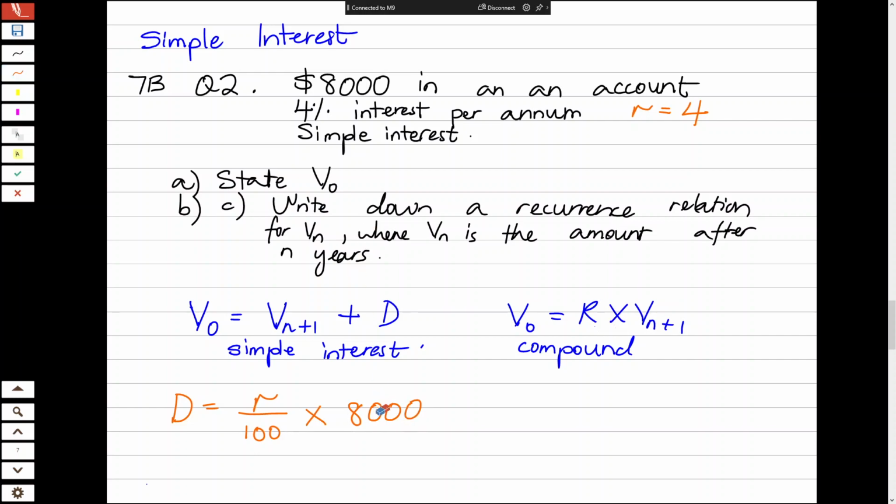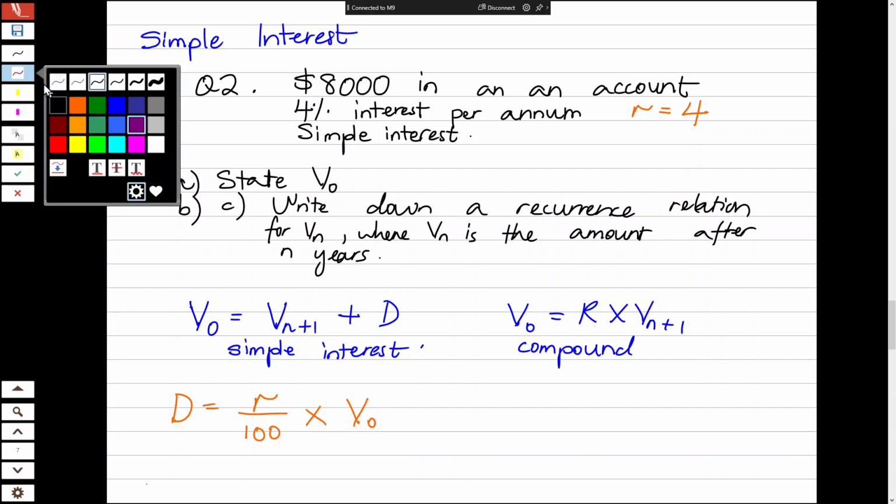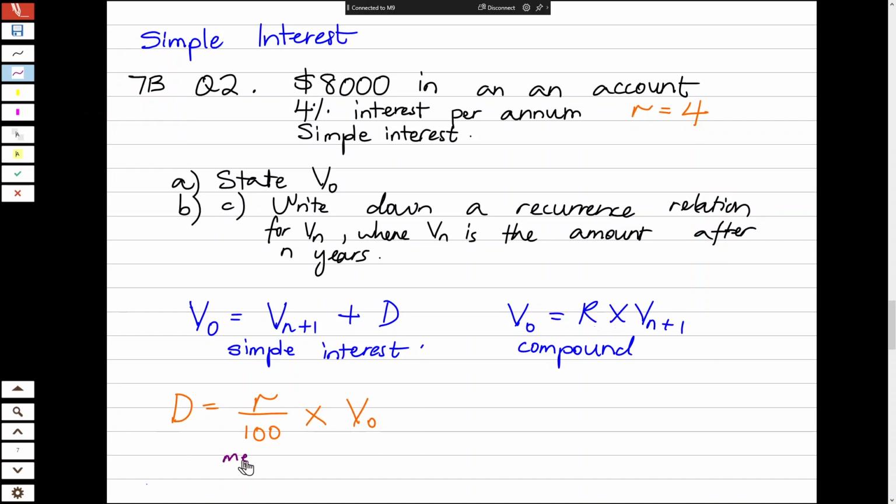It's not 8,000, it's V0. Okay, so R over 100 means R%. And V0 is how much you have at the beginning.